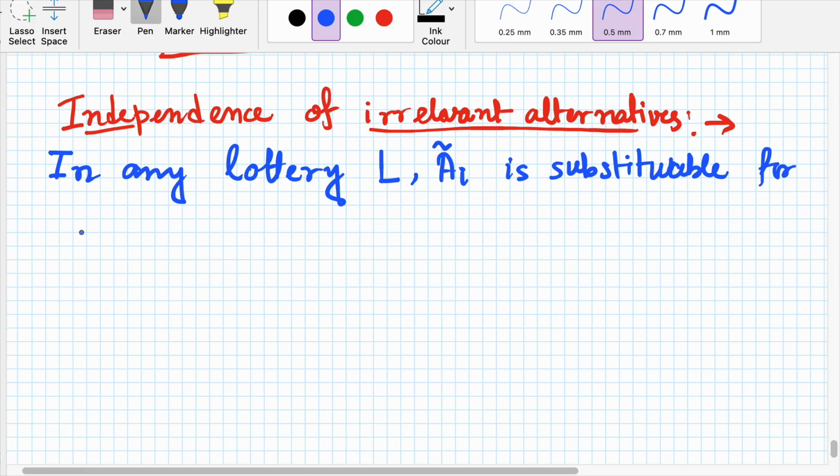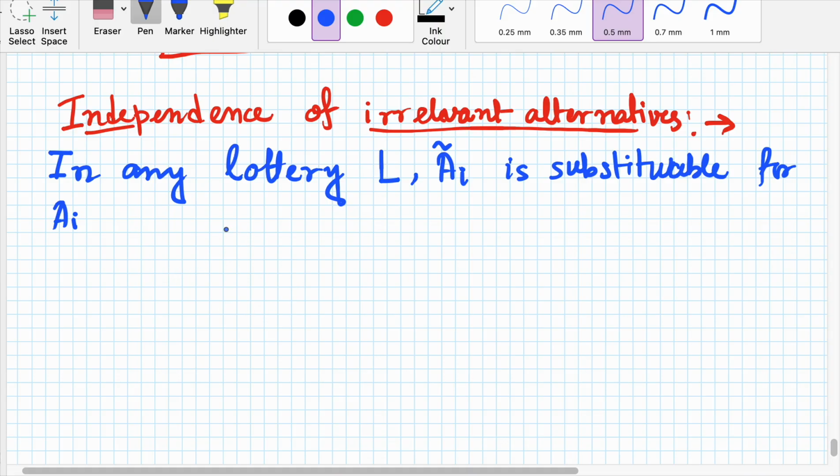Since AI and AI tilde are indifferent, if I include other options alongside them, AI and AI tilde will still remain indifferent.